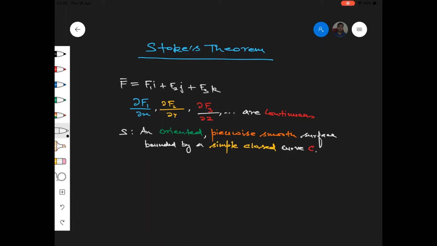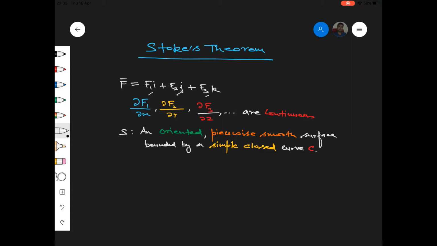Let we have a vector field F which has components F1, F2 and F3. In general, these F1, F2 and F3 are functions of x, y and z. And what we need here is that the first order partial derivatives of F1, F2 and F3 with respect to x, y and z must be continuous.